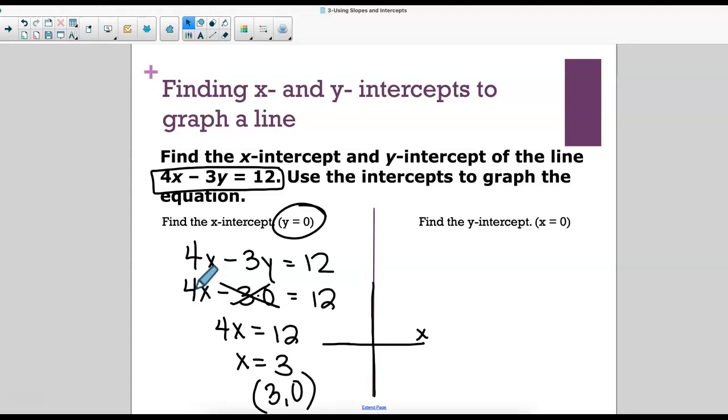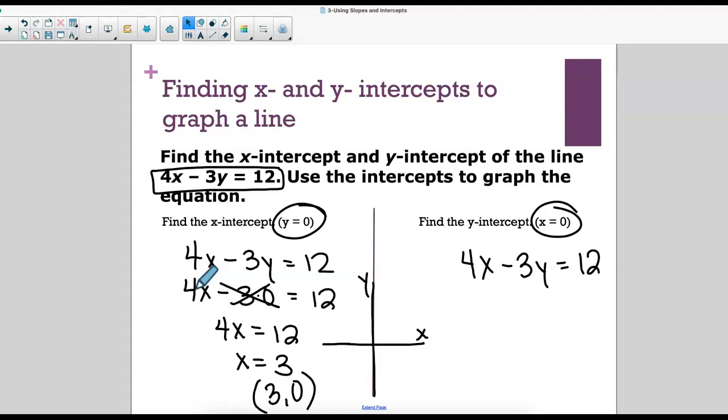If I want to find the y-intercept, I want to know when does it cross the y line? That's when x is 0. So I'm going to do the same thing, same equation: 4x minus 3y equals 12. But now, since I want y, I'm going to let x equal 0.